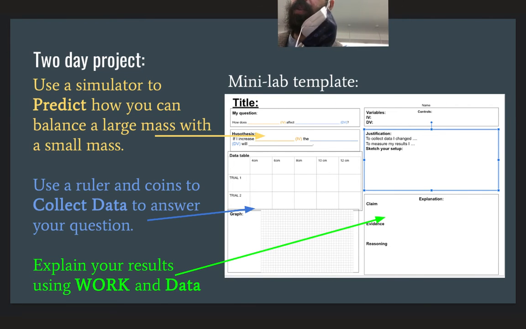It's already part of your assignment, and you're used to filling it out. There's a question that you'll write in your hypothesis, fill in your data table, make a graph, write in your variables, and your justification and your explanation. Again, this assignment is already posted on Google Classroom and you can already access it. By the time you finish this video, you'll be able to fill in several parts.